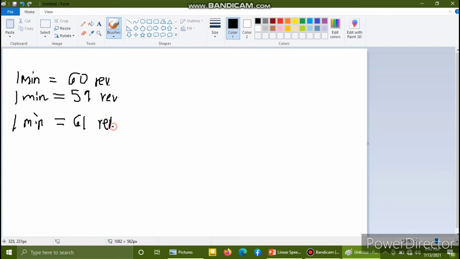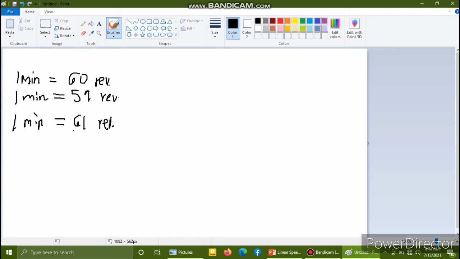So here we are using the revolutions counter and timer. So this is the timer and the counter. In 1 minute, first, we are starting to count: they have 60 revolutions. In another 1 minute they have 59 revolutions. And in the third 1 minute they have 61 revolutions.